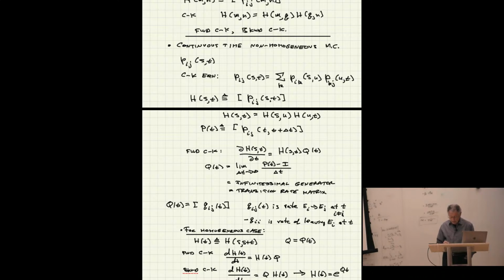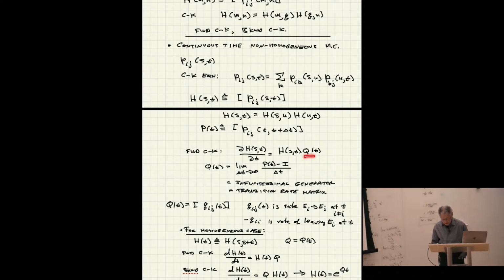We then defined a particular s and t, namely this matrix P of t is a matrix of elements, which means at time t, you're in state i, and delta t seconds later, you're in state j. Remember, continuous time, you can move at any instant in time. The forward equations look like this.